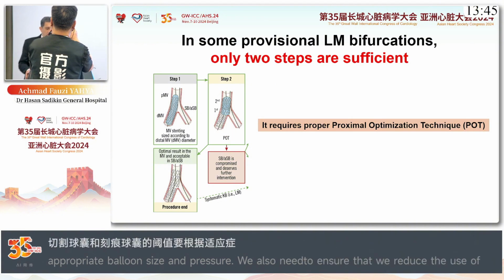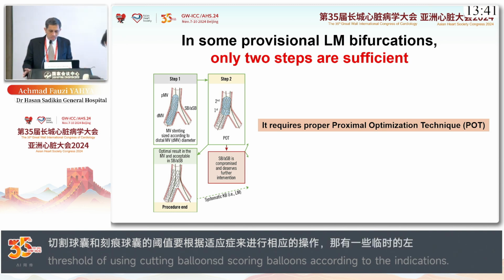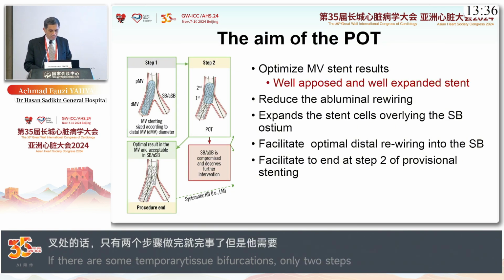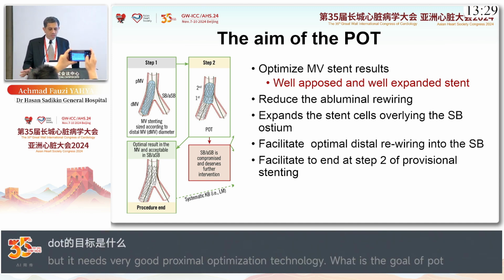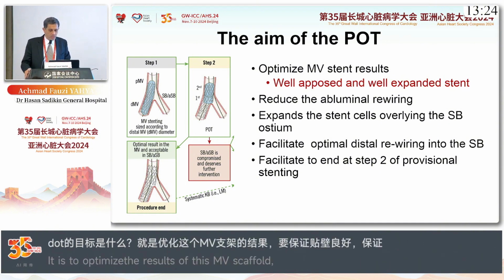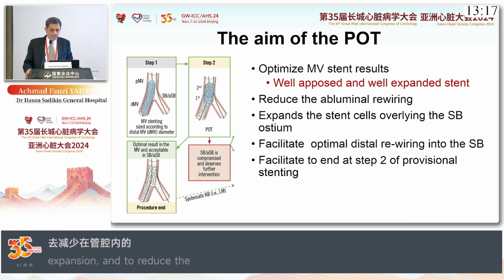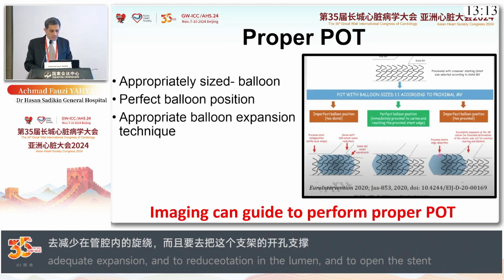In some provisional left main bifurcation, we just do two steps and finish. But it requires proper proximal optimization technique. The aim of the POT is to optimize the main vessel stent result, a well-apposed and well-expanded stent, and reduce the risk of abluminal rewiring, expand the stent cell overlying the side branch ostium, and facilitate optimal distal rewiring into the side branch, and facilitate the end of step 2 of the provisional stenting.